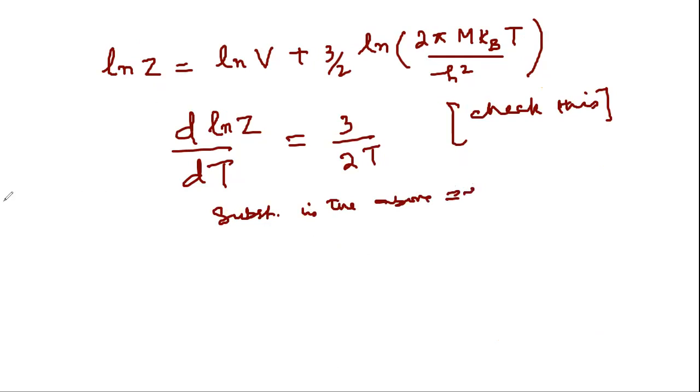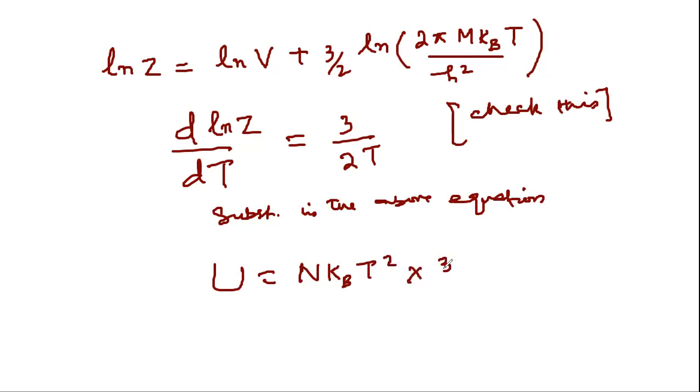let me write it completely. In the above equation, we get U is equal to N kB T square times 3 by 2t, which will be equal to 3 by 2 N kBT.